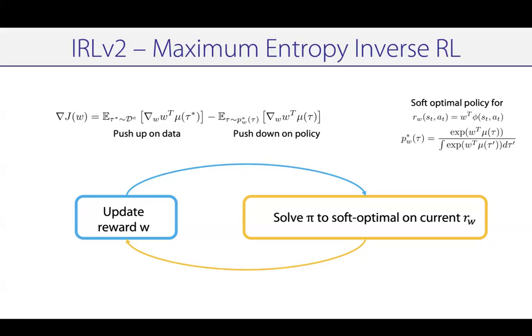But here's some intuition that might help, which is that RL tries to find the trajectories that have maximum reward. This is kind of like a soft max reward. Adding entropy generally softens things. Imagine that if you scale your W to be really big, then it becomes the max.